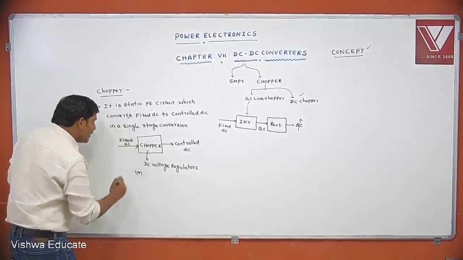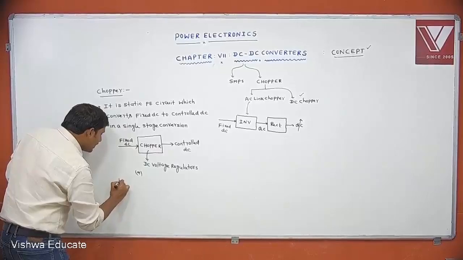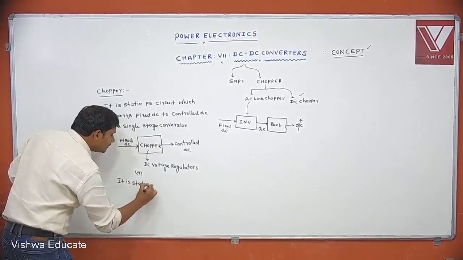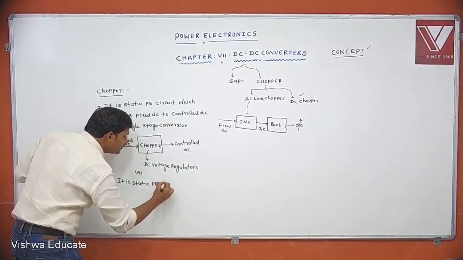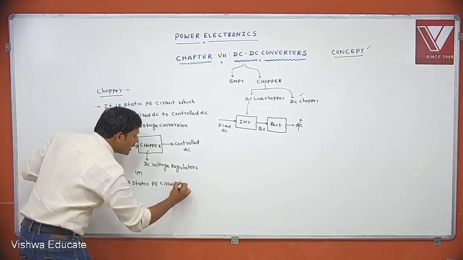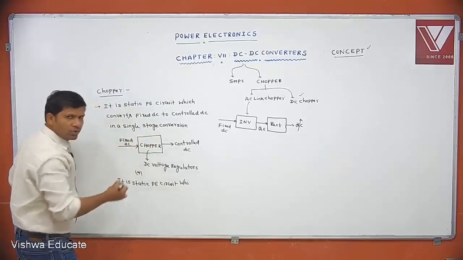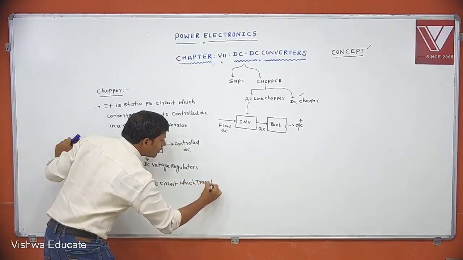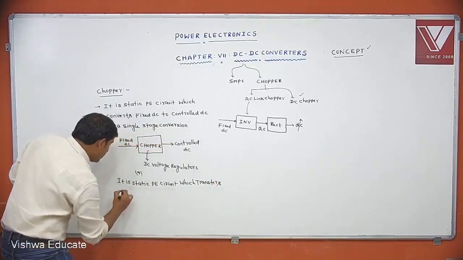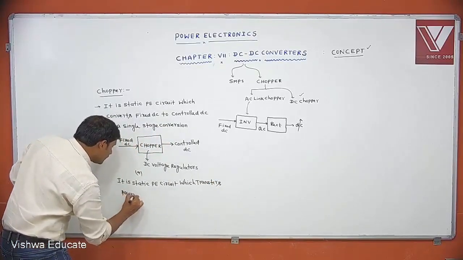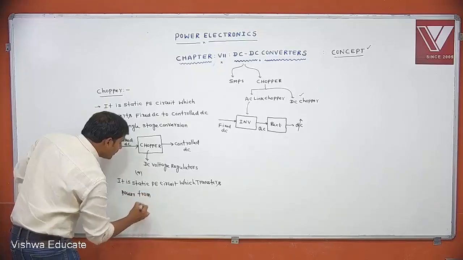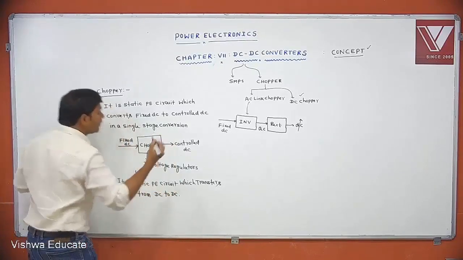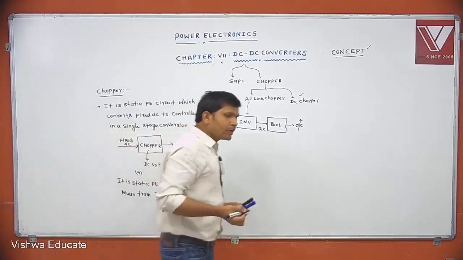A chopper is also defined like this: it is a static power electronic circuit which transfers power from DC to DC. This is a definition of the chopper.